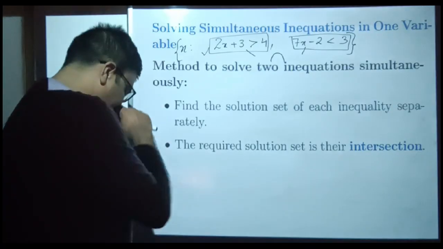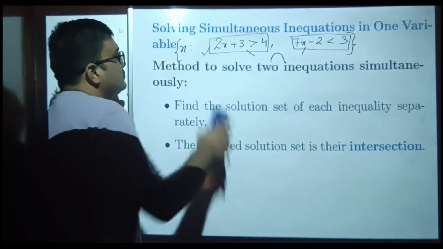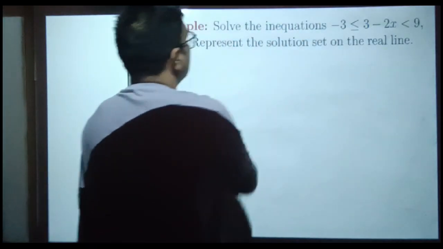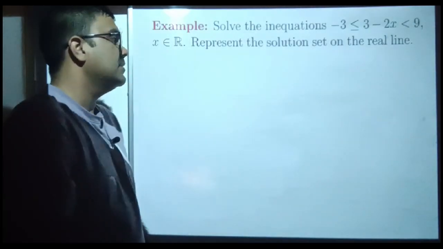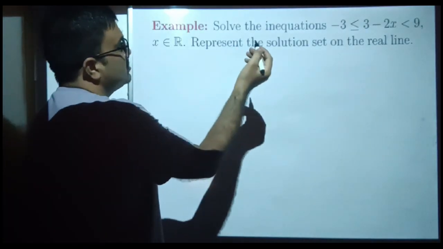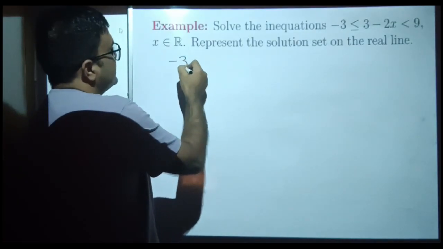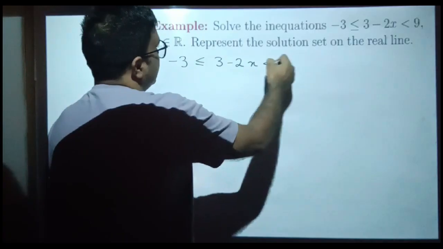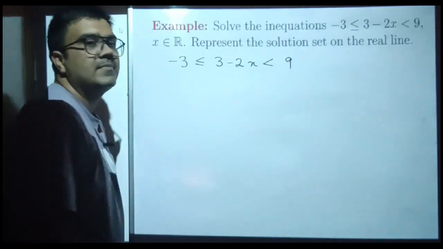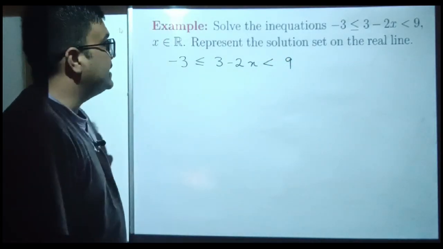So let us start with an example. Solve the inequation and represent the solution on the real number line. We are given minus 3 is less than or equal to 3 minus 2x is less than 9. Why are these simultaneous inequations?